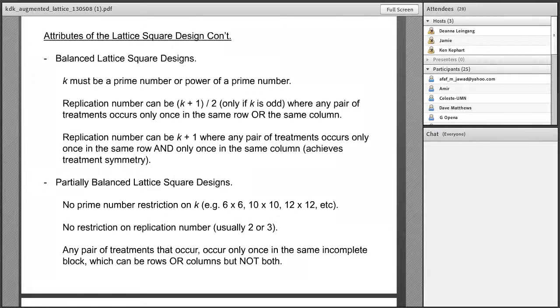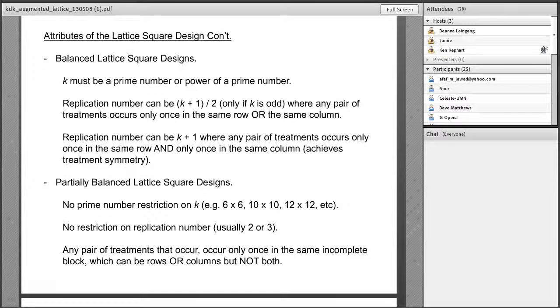I'm not aware of anybody that's ever used a balanced lattice design, and I think it's pretty obvious that the amount of resources that would go into one of these is pretty horrendous. To grow, for instance, a 7x7 lattice, you would need 8 replications, and most people would say that in the same amount of real estate, you could conduct 2 or 3 other different studies rather than just have one obligated to looking at 49 different genotypes.